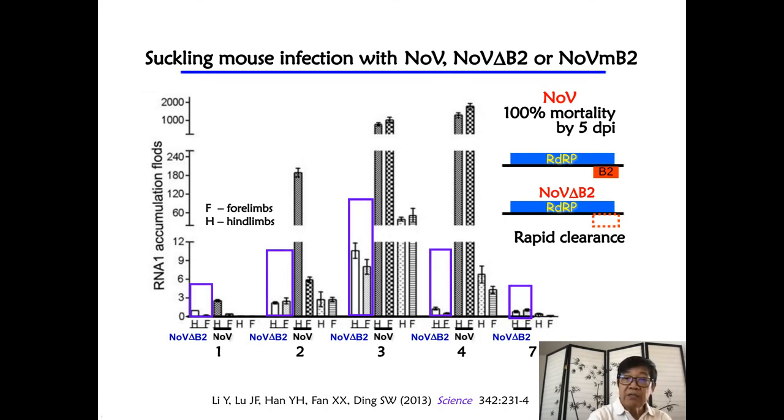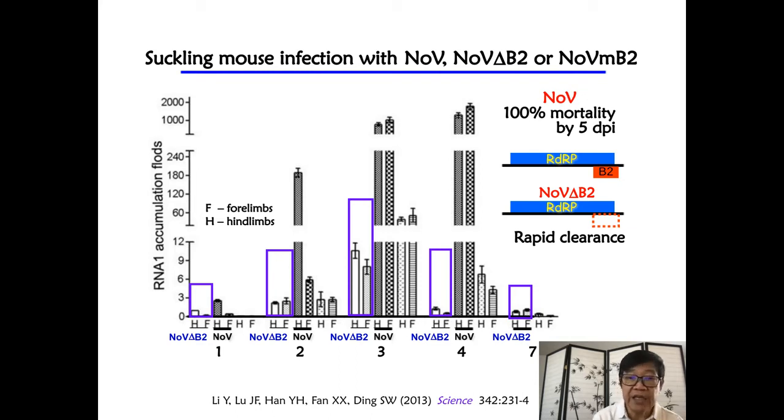What we find is that this Delta B2 mutant virus successfully infected the suckling mice by spreading from the inoculated abdominal cavity to the lymph tissues. What I have shown here in a slide is real-time PCR measurement of viral RNA accumulation in the fore and hind lymph tissues.